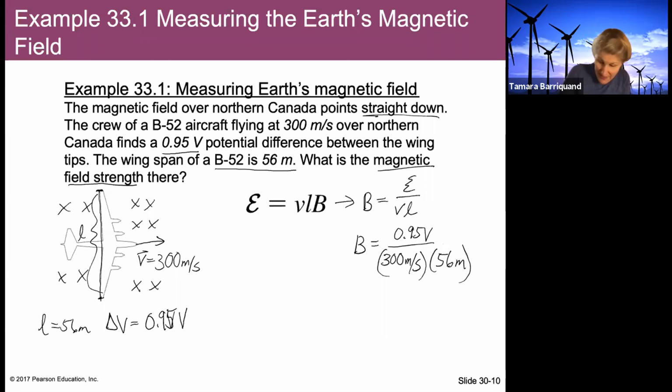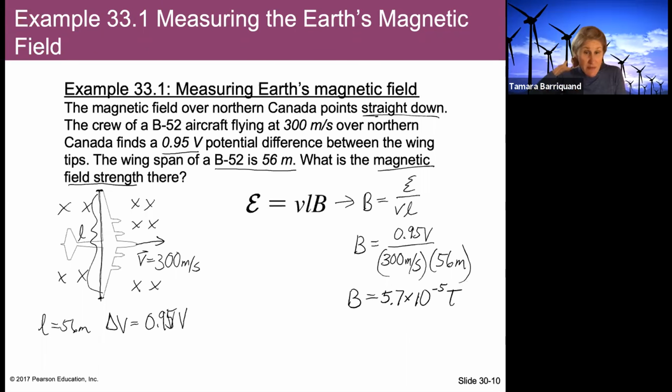And we find that in this case, B is equal to 5.7 times 10 to the minus fifth Teslas.